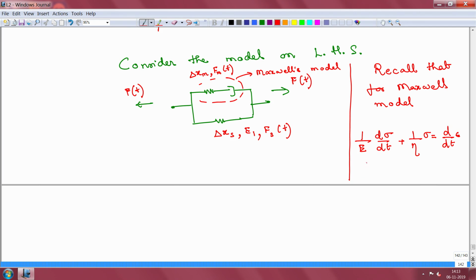So, let us rewrite this as d by E plus 1 by eta times sigma equal to d of epsilon.